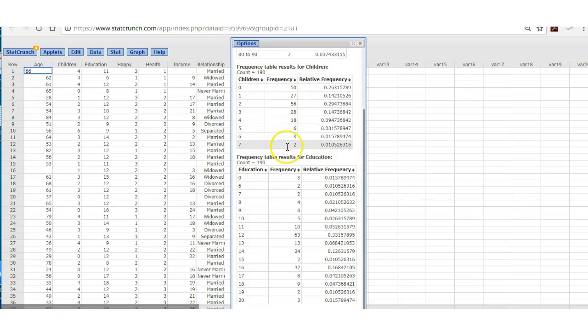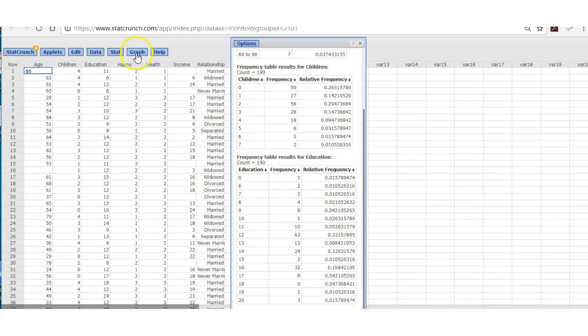And then as we got towards the higher end of this, we had fewer and fewer responses. For our education variable, notice it skips all the values from 1 through 5. It goes from 0 up to 6. That means that for 1 through 5, there were 0 people that answered the question that way.